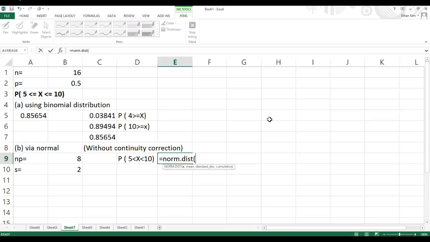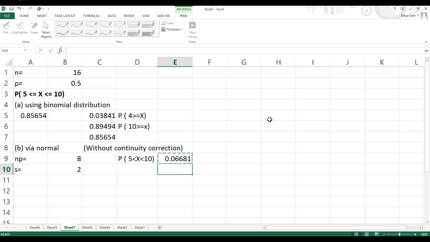So probability of less than or equal to that point, right? So x in this case would be 5, and it doesn't matter if it includes 5 or not because this is a continuous case, and mean is 8, standard deviation is 2, and cumulative should be true.